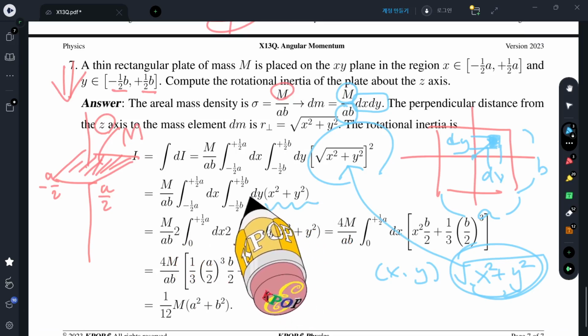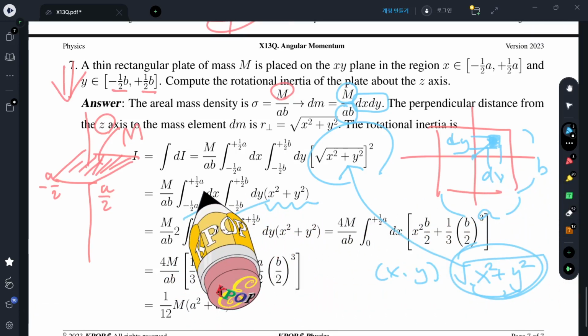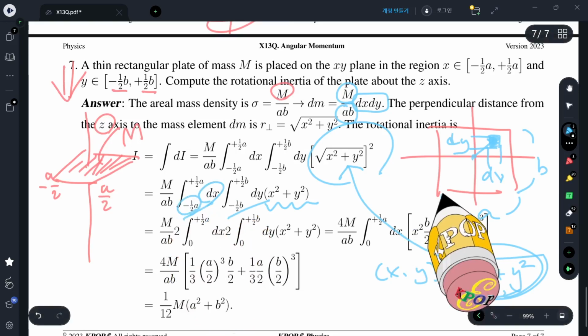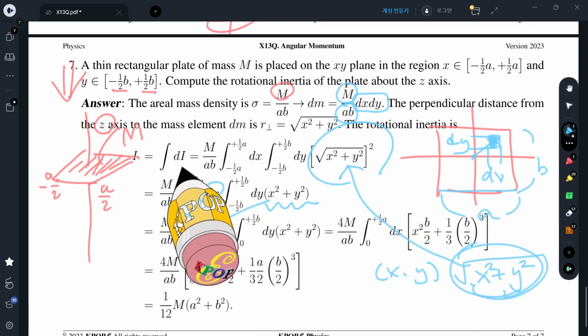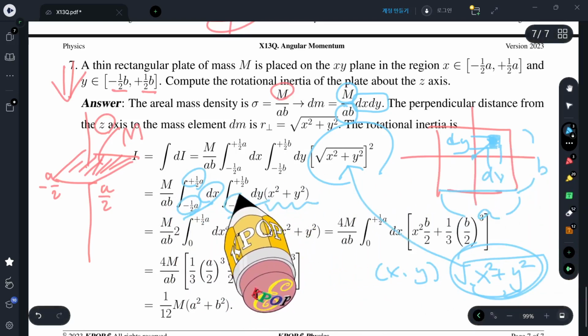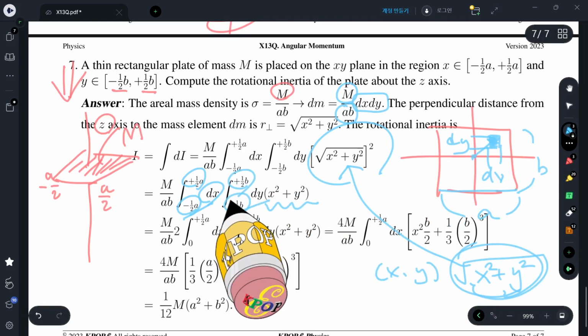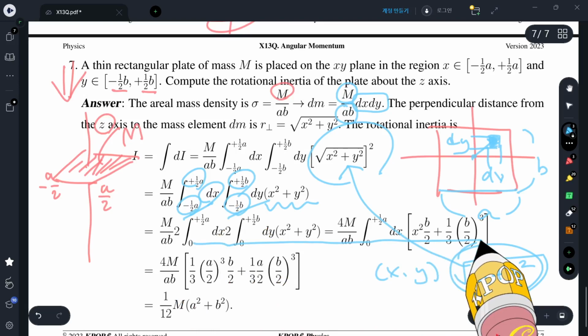We need to evaluate the double integral, with x from minus 1/2 a to plus 1/2 a, and y integrated over the corresponding region. It is straightforward to evaluate this integral.